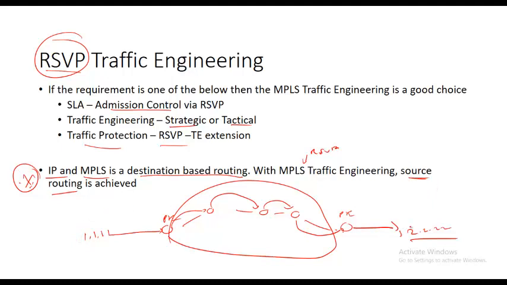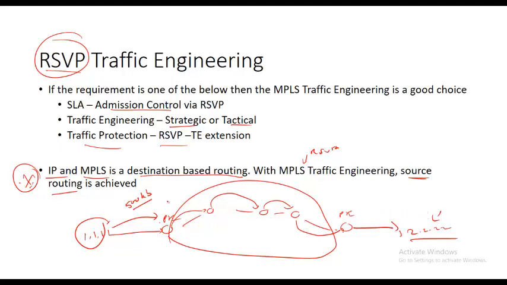See, based on the source, you decide the path, not based on the destination. If traffic is a voice traffic, then I need this much bandwidth. So I see what is coming from the source. I can match with an application, or I can match with an IP address.